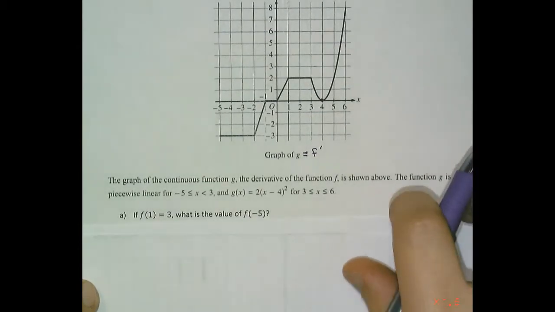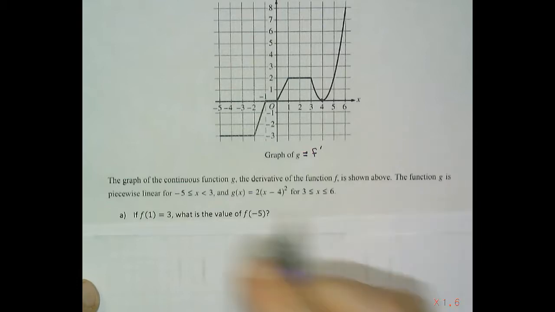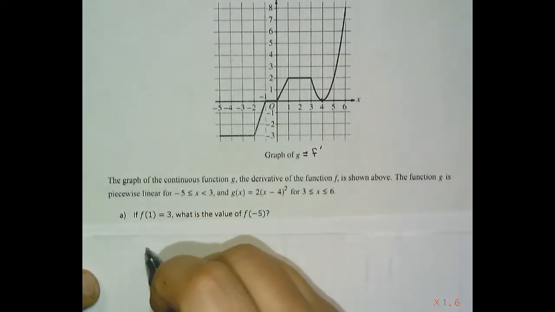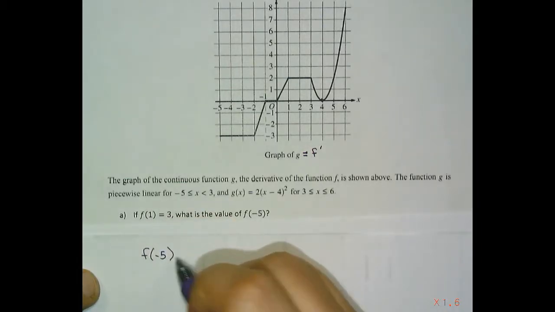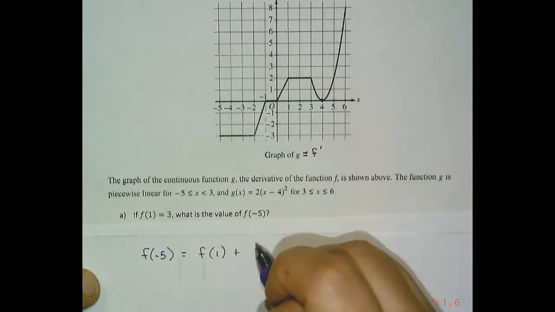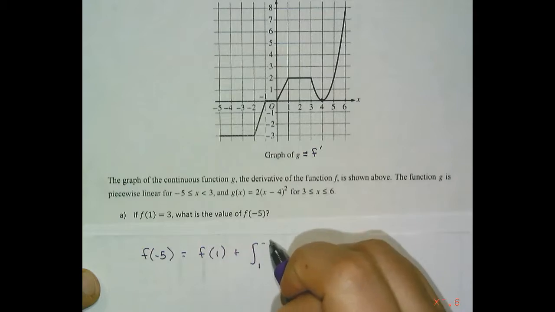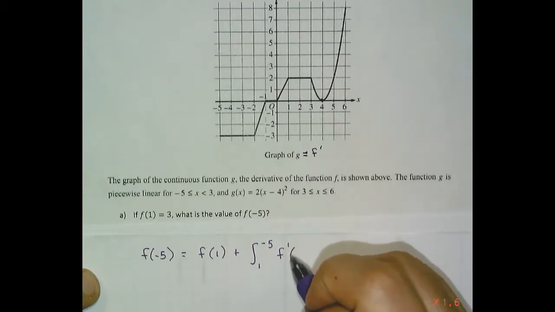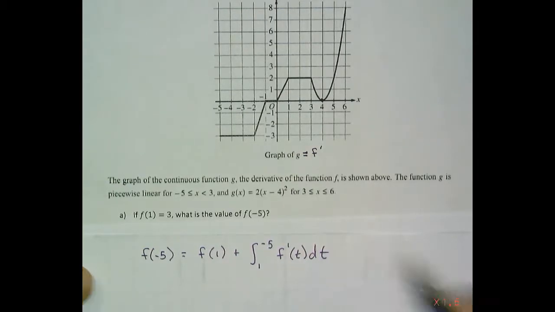This looks like a fundamental theorem of calculus problem where what I have is equal to what I started with plus what I accumulated of the rate function, the rate of f.